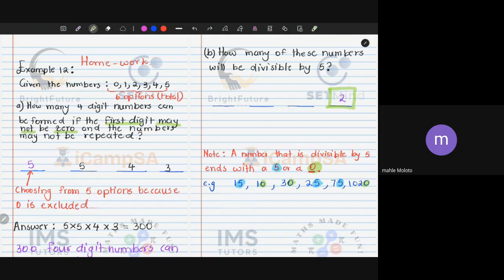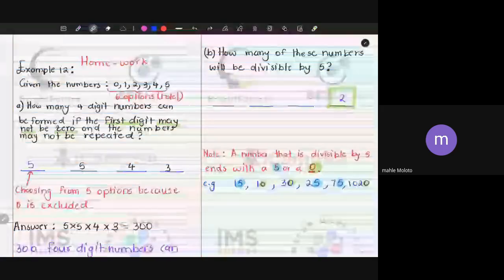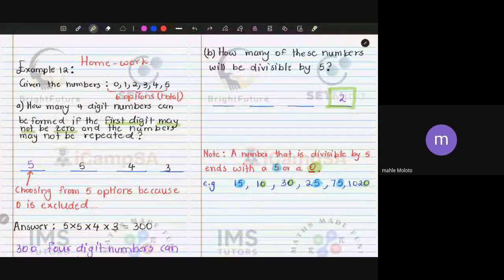So we have 0 up to 5. And we are saying we want the last number to be divisible by 5. So when I look at 0 to 5, on the last number, how many options can I choose from so that the number is divisible by 5? Of my 6 options in total.